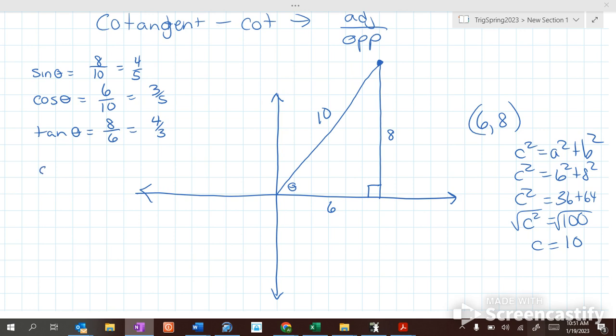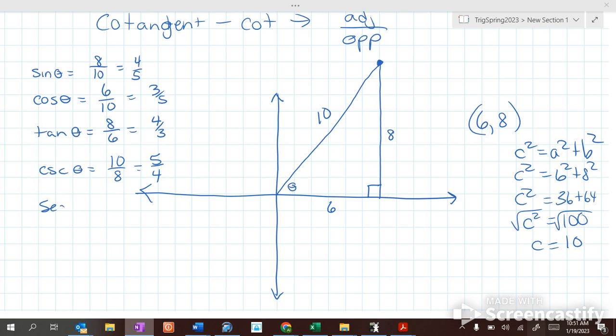What is our cosecant of theta? Remember, cosecant is the reciprocal of sine. So it would be 10 over 8, which is 5/4.